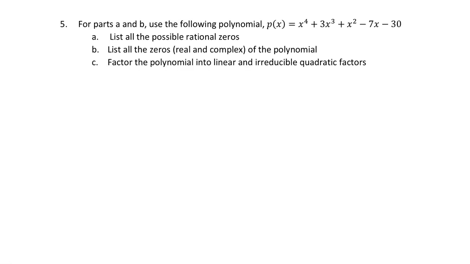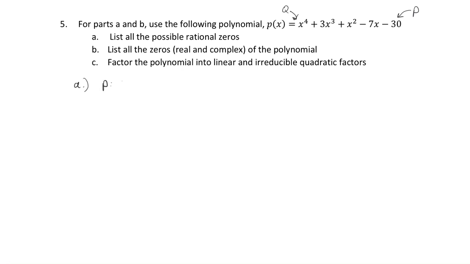All right, question 5, part A. To list all the possible rational zeros, remember that's the P divided by Q theorem, the rational zeros theorem. So the list for P are factors of that number there, and then the list for Q are from the coefficient in front of the leading term, which in this case is 1.